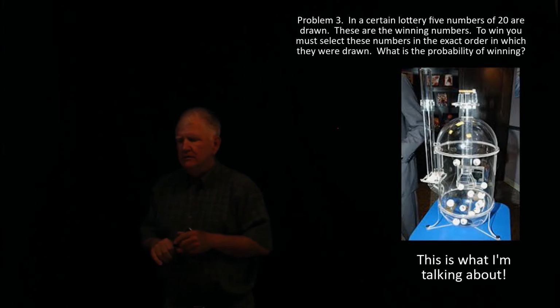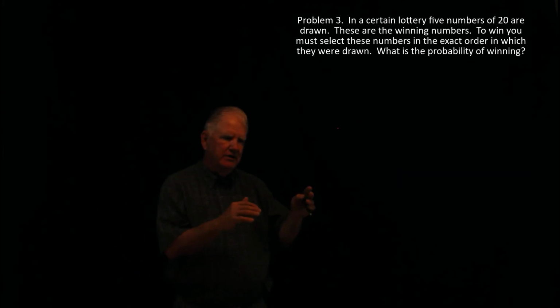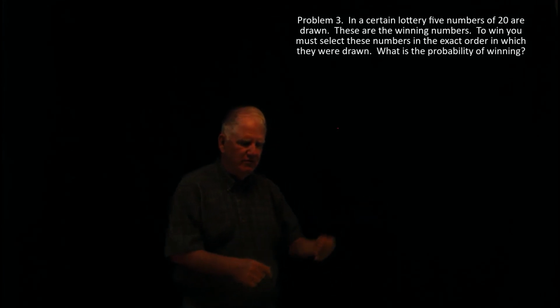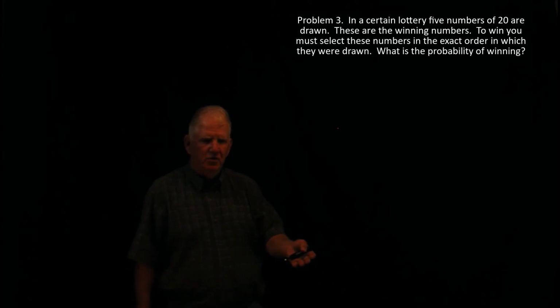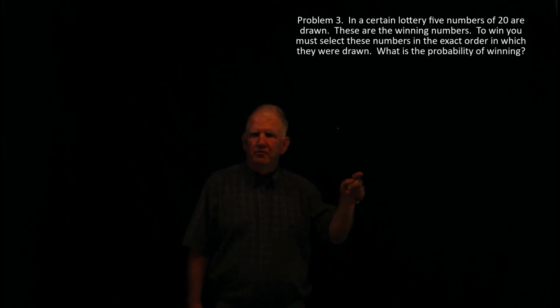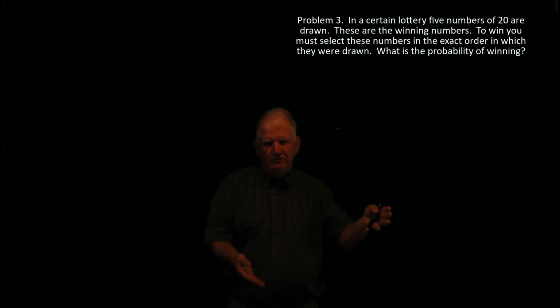In this case, the order matters, because if the numbers come up 1, 2, 3, 4, 5, you have to produce a ticket that says 1, 2, 3, 4, 5. If those same 5 numbers come up in a different order, 2, 1, 3, 4, 5, you have to produce a ticket that says 2, 1, 3, 4, 5.